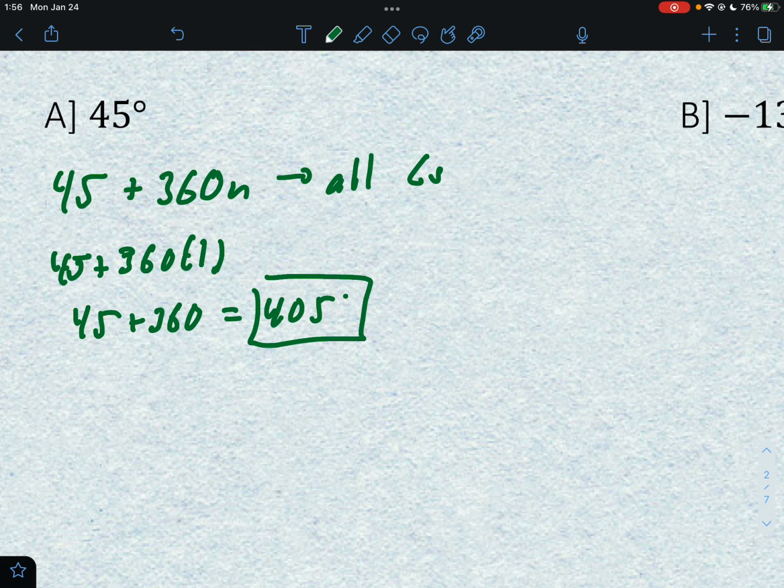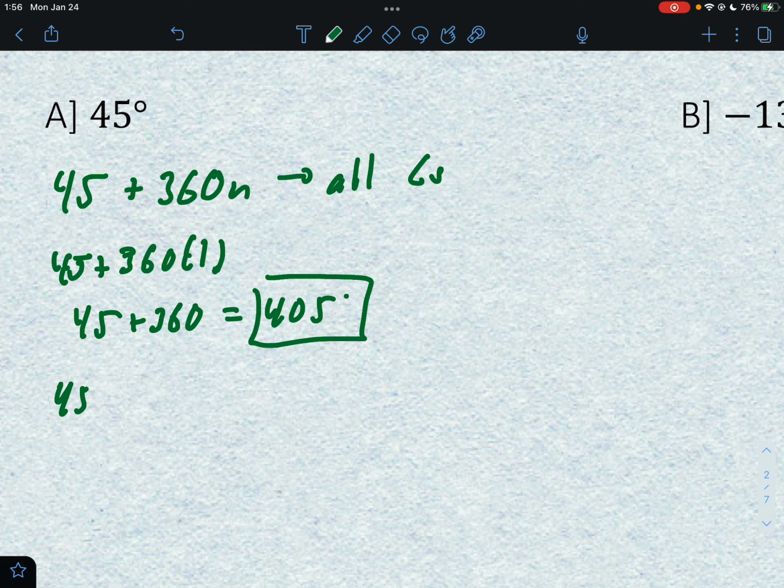To do a negative, we're going to do 45 plus 360 times some negative number, so -1, -2, -3, whatever. Make sure our final answer is negative here. So it'll be 45 minus 360. Let's see what that would be. Negative 315.